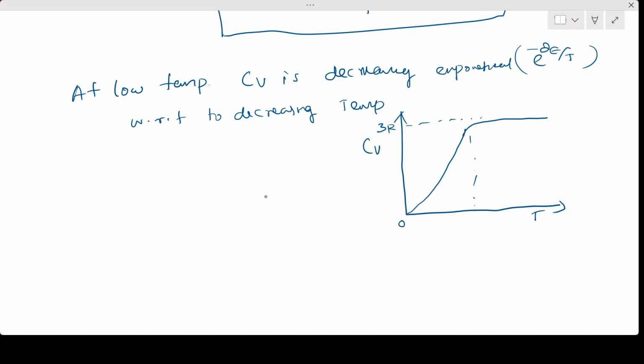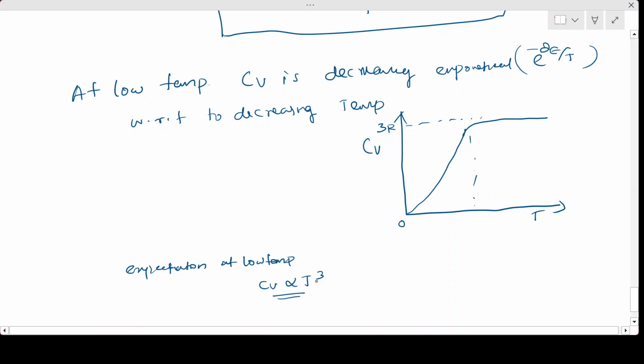So Einstein theory also failed to explain why the specific heat capacity is proportional to T cube. Our experimental finding says that Cv is proportional to T cubed at low temperature, but Einstein theory fails to prove that dependence.